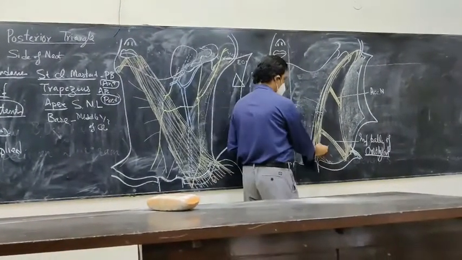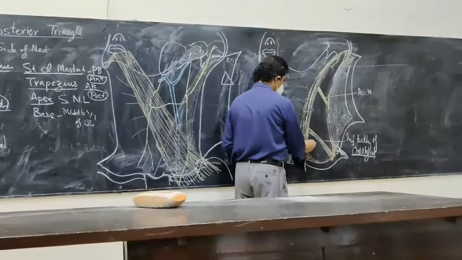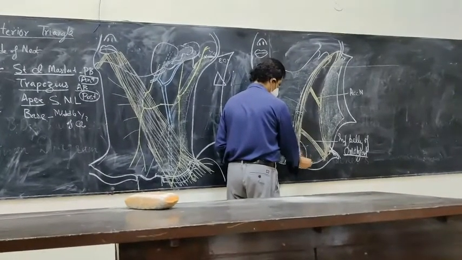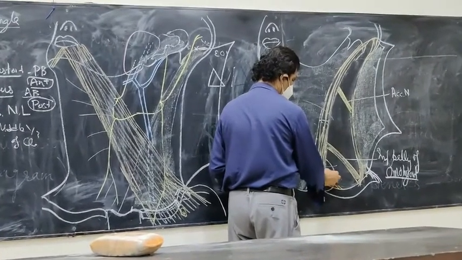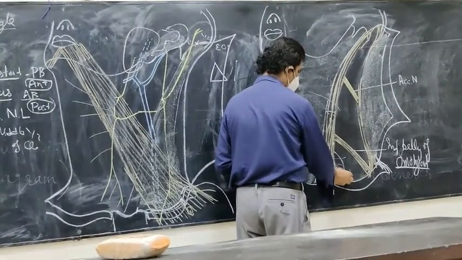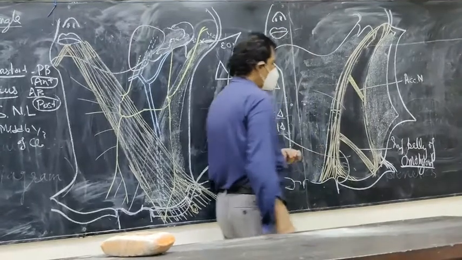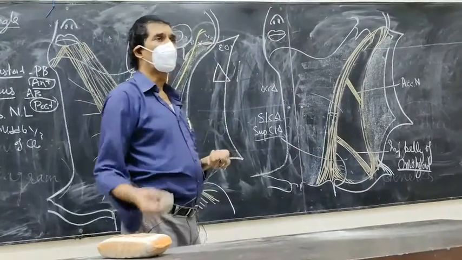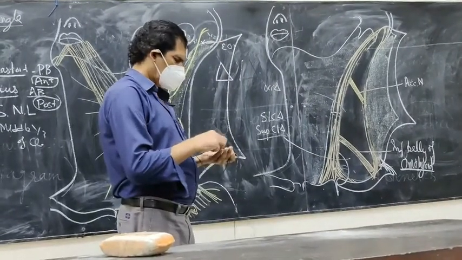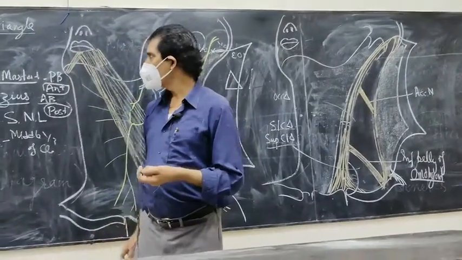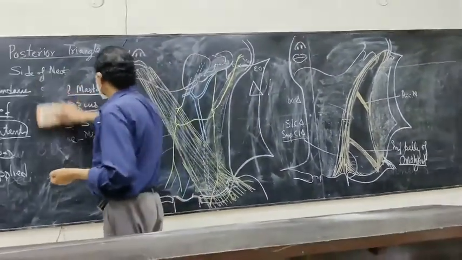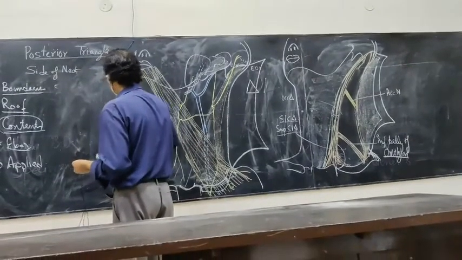In the lower part, there is also the first rib, and the structures related to the first rib you already know. So that becomes the contents of the posterior triangle.